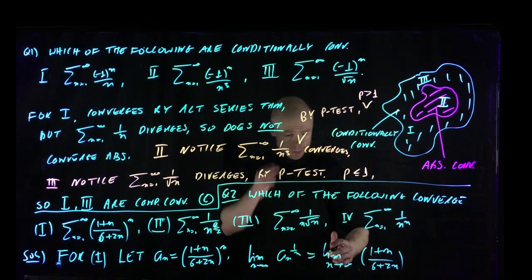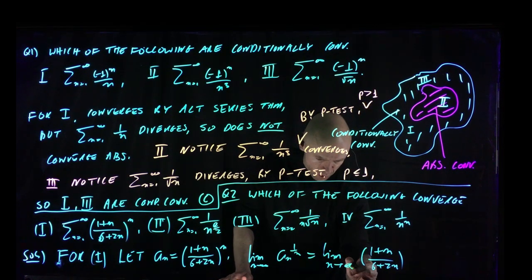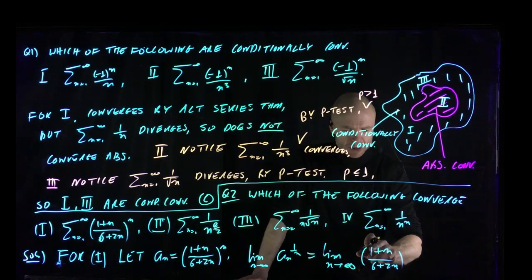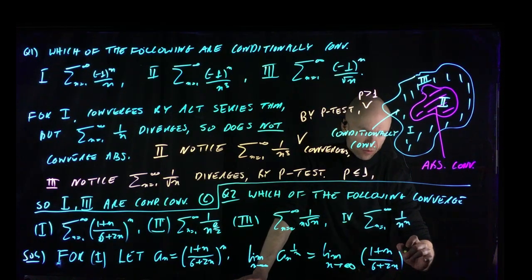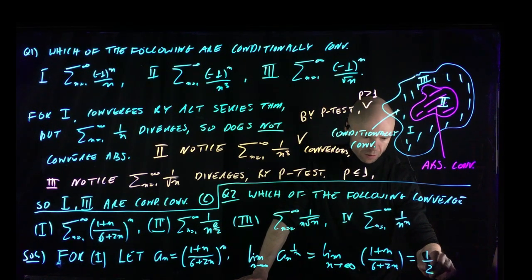Okay, and when we're at this point, we're in a very familiar limit problem. As n gets bigger and bigger, this 1 and this 6 here are less and less important. So just dividing through by n, for example, we find that this limit is just 1 over 2.